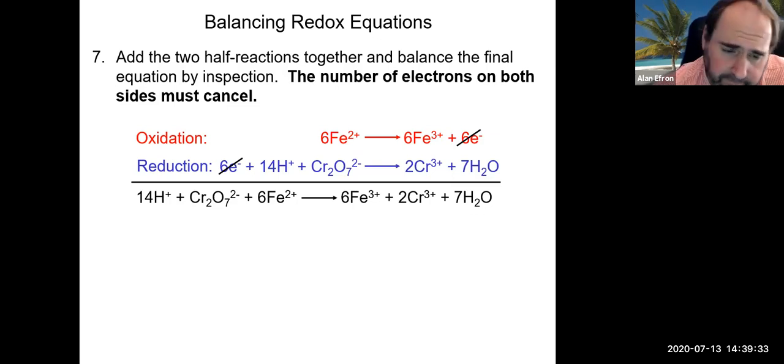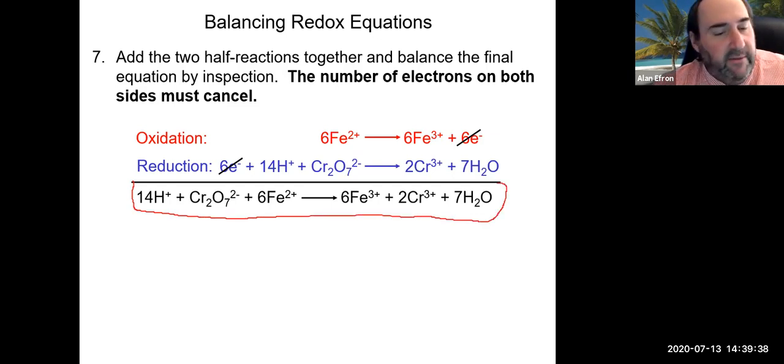This is going to leave us the balanced equation in acidic conditions. If we didn't mess up here and carried everything down, this should be balanced two ways. It should be balanced both by elements. So if we look at it, we see 14 H's on the left, 14 on the right, 2 Cr's on the left, 2 on the right, 7 oxygens on the left, 7 on the right, 6 irons on both sides. Overall charge on the left-hand side is plus 14, plus another 12, which is a lot, but we'll go with 14 and 12.